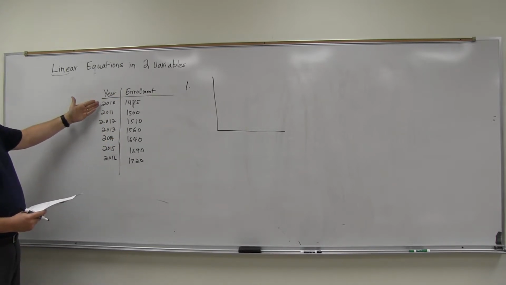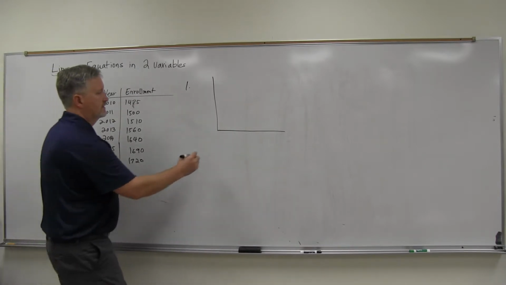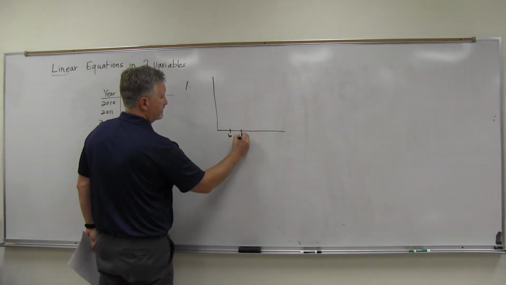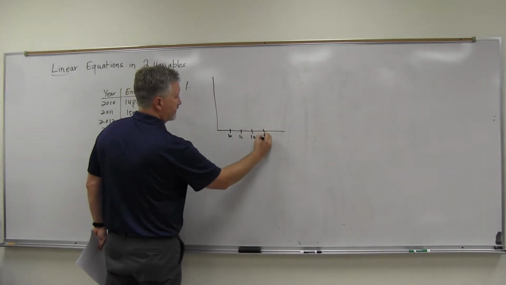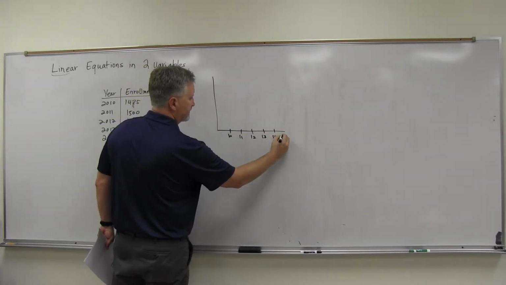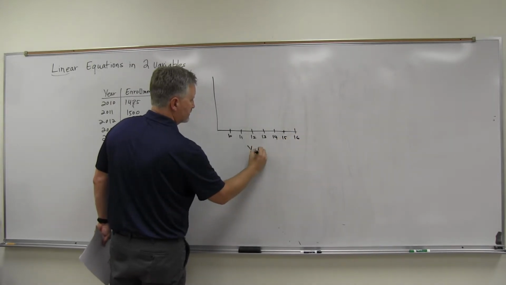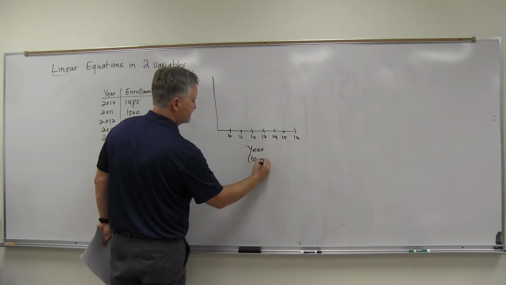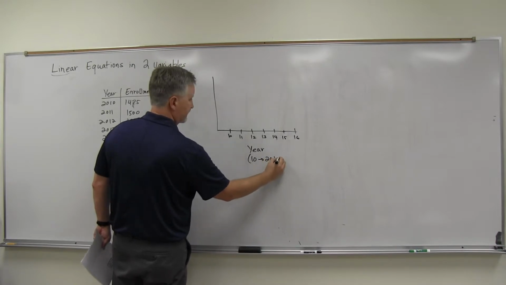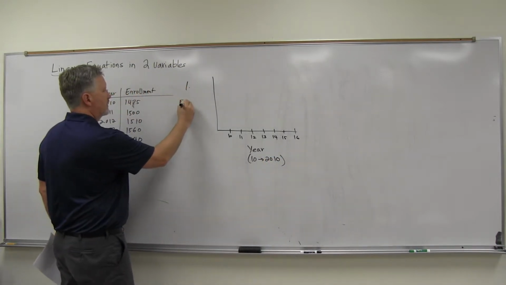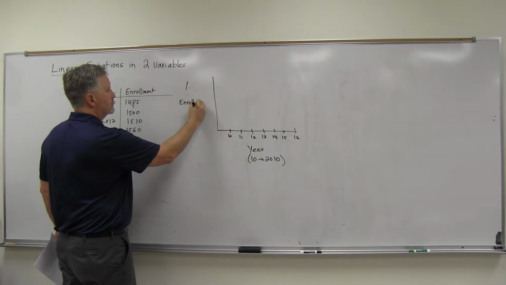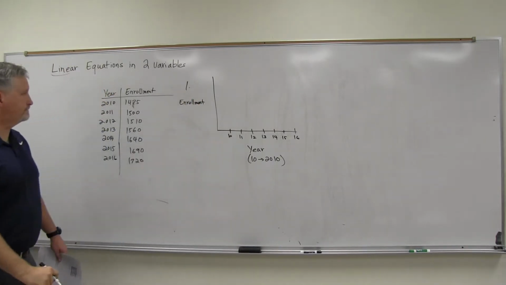And let's just cut it down to 10 here. 10, 11, 12, our year. Just label it to make sure. So that's the year, 10 is 2010. Okay? And then our enrollment will go on this side.